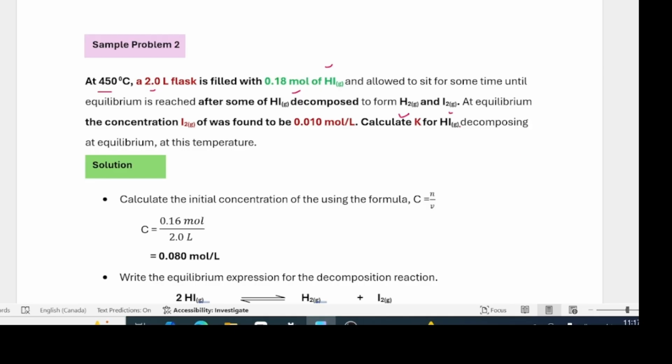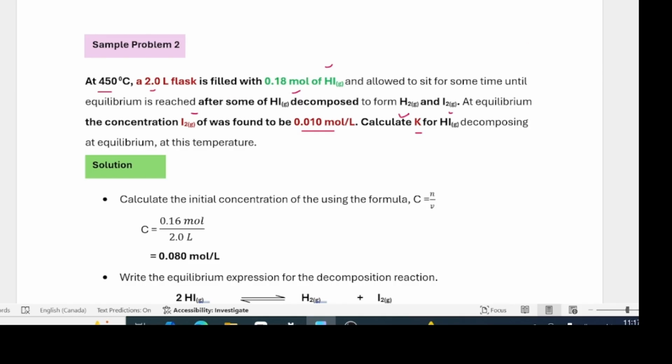Again, like the previous problem, they're giving you the final concentration of one of the products, which is equal to this for iodine. And you're asked to calculate the equilibrium constant for hydrogen iodide decomposing at equilibrium at this temperature.